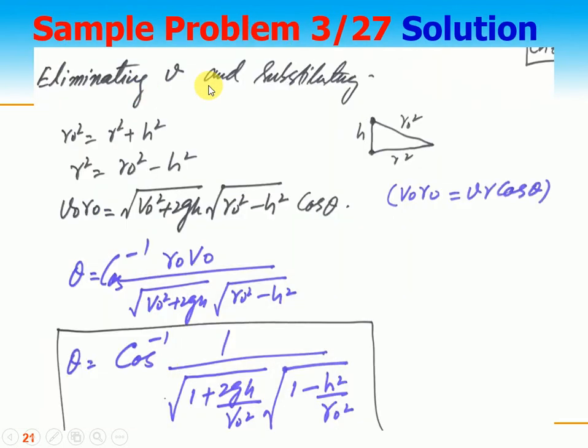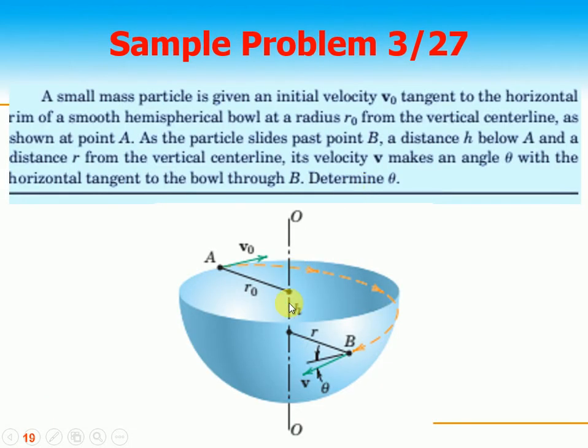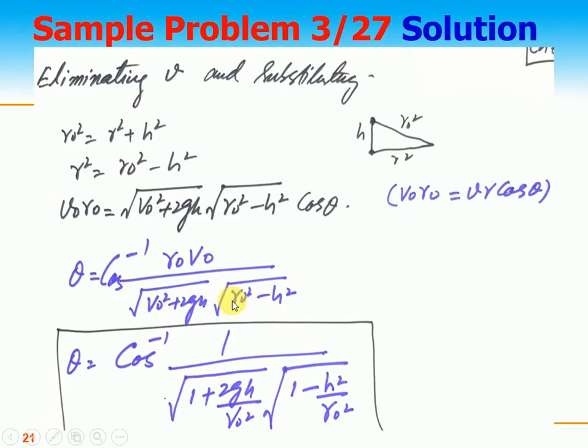Now eliminating v and substituting this. Students, you see in this diagram, this is h, and the distance from here to here is r, and this is r naught. Using this triangle, by Pythagoras theorem, hypotenuse square is equal to base square plus perpendicular square, so r square is equal to r naught square minus h square.